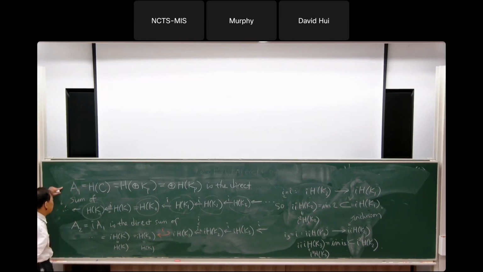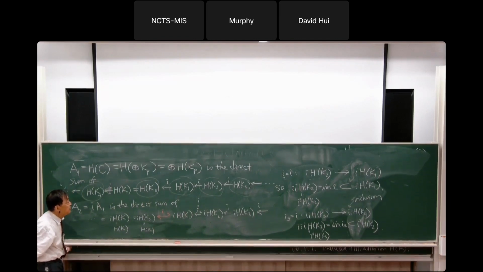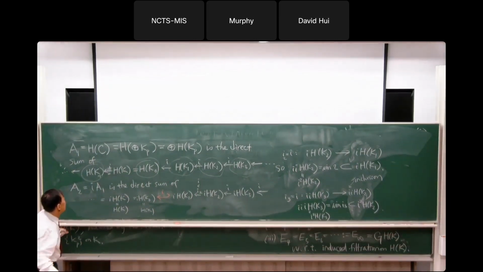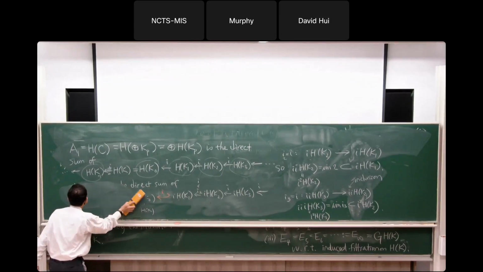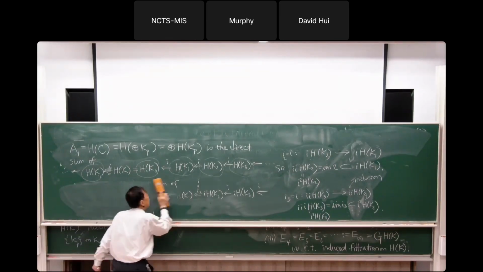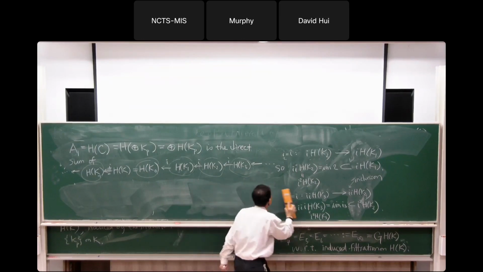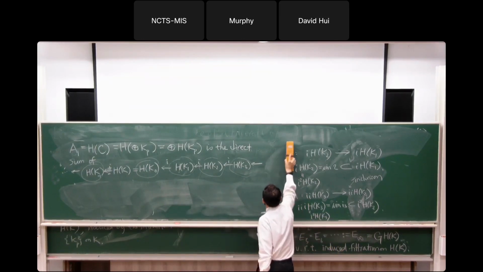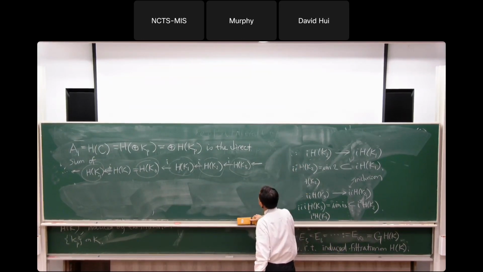So A1 is the direct sum of these terms here. We have length 3, and that means it's going to terminate here.